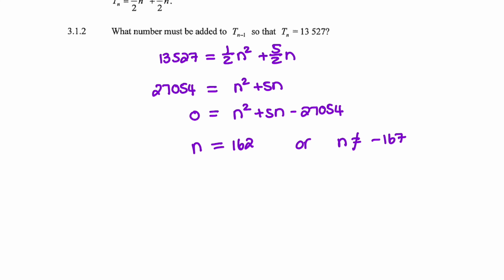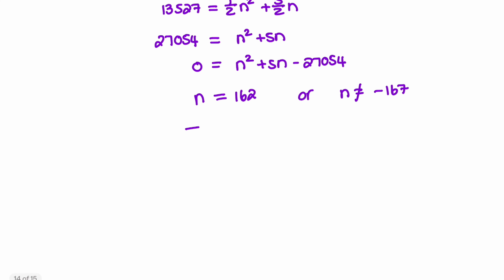Now we need to find the value of Tn minus 1. So that's the term before Tn. So if Tn is term number 162, then term n minus 1 would be term 161.